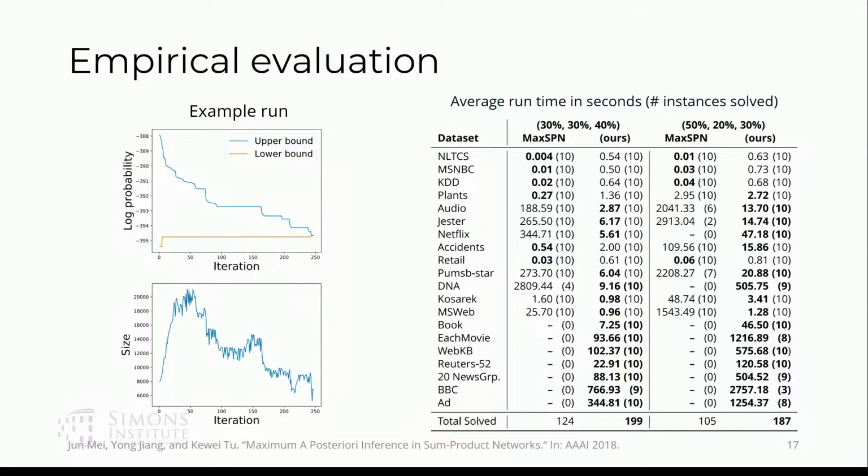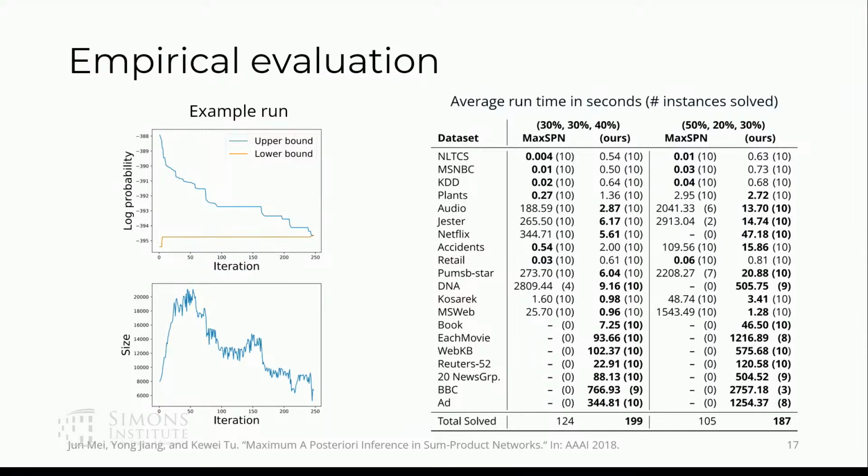So this is one example run of the iterative solver, and this looks like a typical run, really. So what we see is, here you start with size a little over 8,000. Initially, when we're doing a lot of splits in the variables, we do see that the circuit size increases.